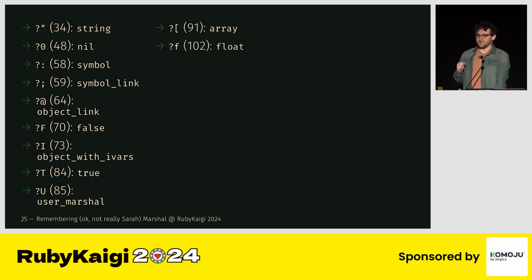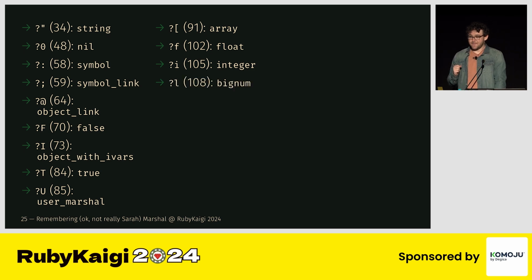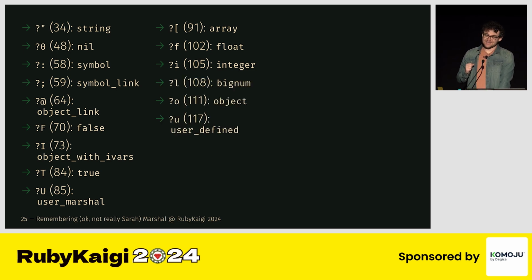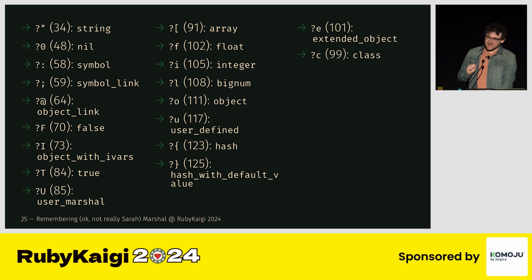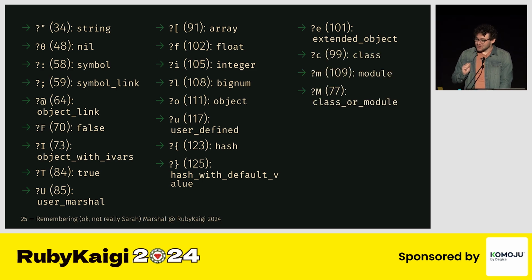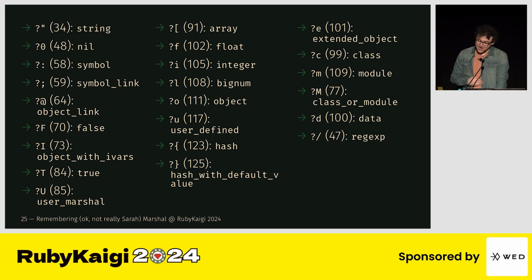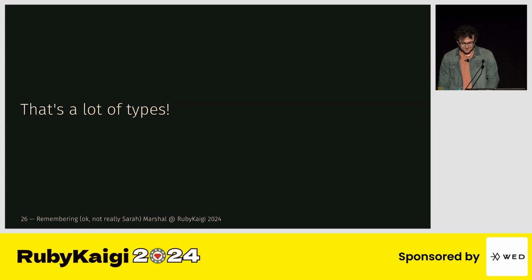Arrays, floats, integers, big nums, objects, user-defined objects, hashes with default values, extended objects, classes, modules, class or module, data, regular expressions, structs, and user class. It's a lot of types. It's not the simplest format.